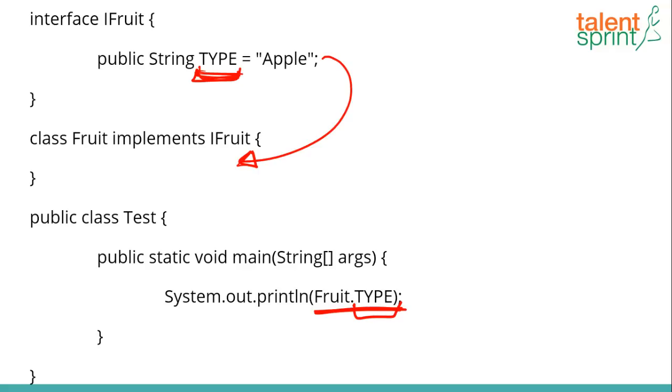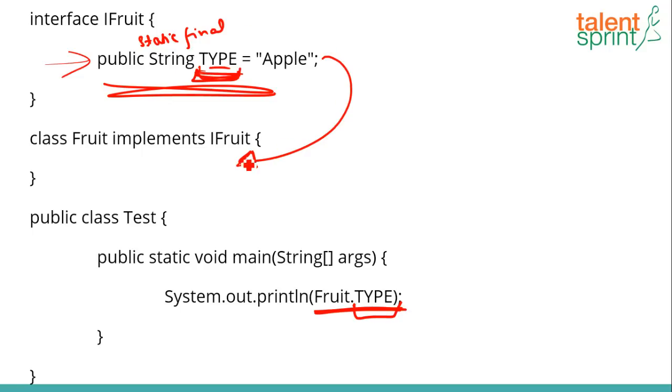Only public, static and final are permitted. So if you create any variable inside this iFruit interface, it is by default number 1 public, number 2 static, and number 3 final, correct? So this is a public static final variable that you see right here, type.